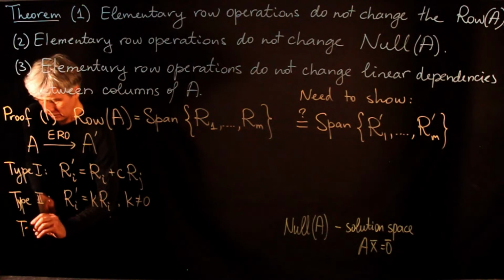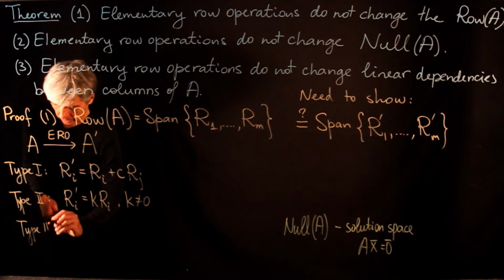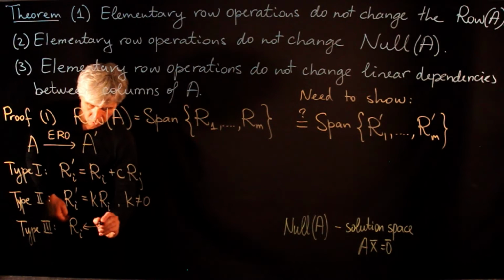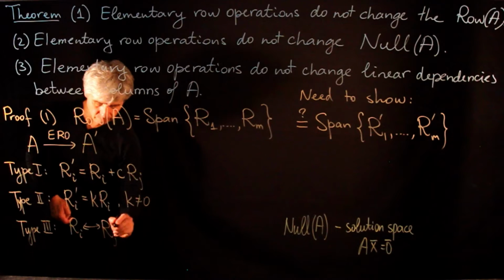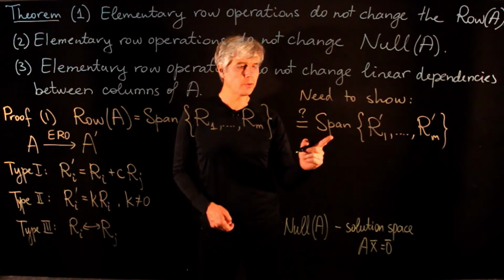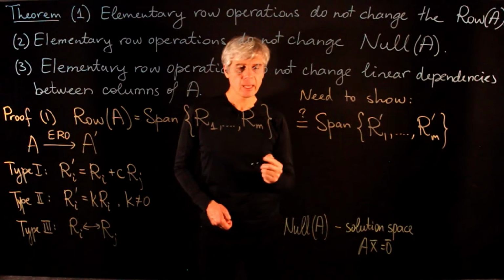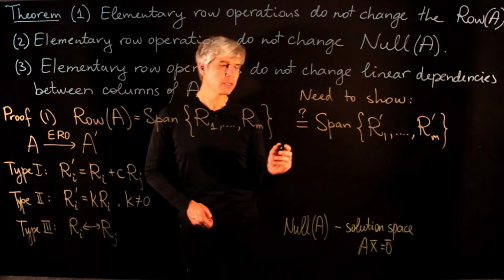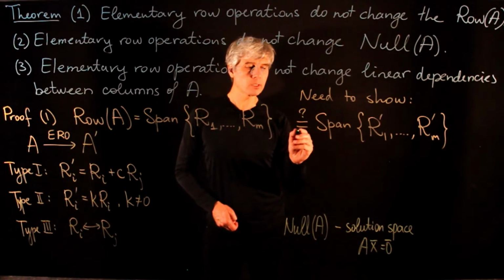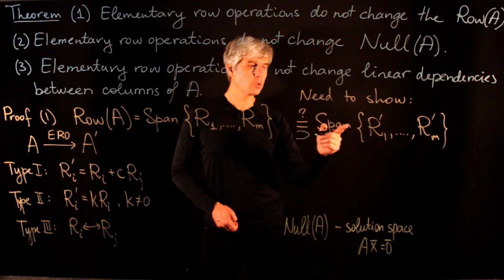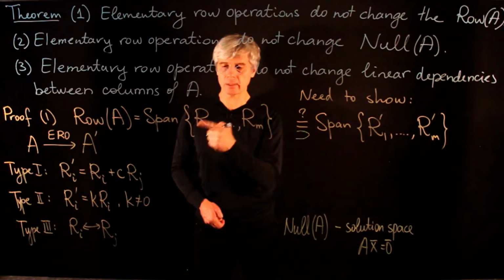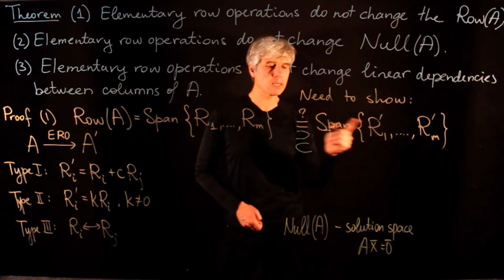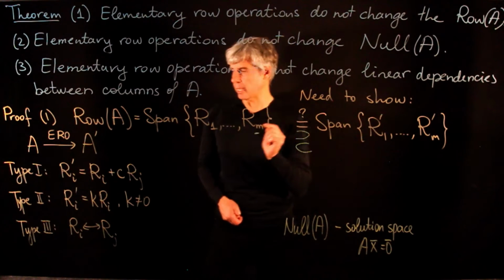And type 3 is when we swap two rows, so we interchange row I and row j. We need to prove equality of two sets, and our standard method for proving equality of two sets is to show double inclusion. So we want to show that the set on the right is a subset of the set on the left, and that the set on the left is a subset of the set on the right.